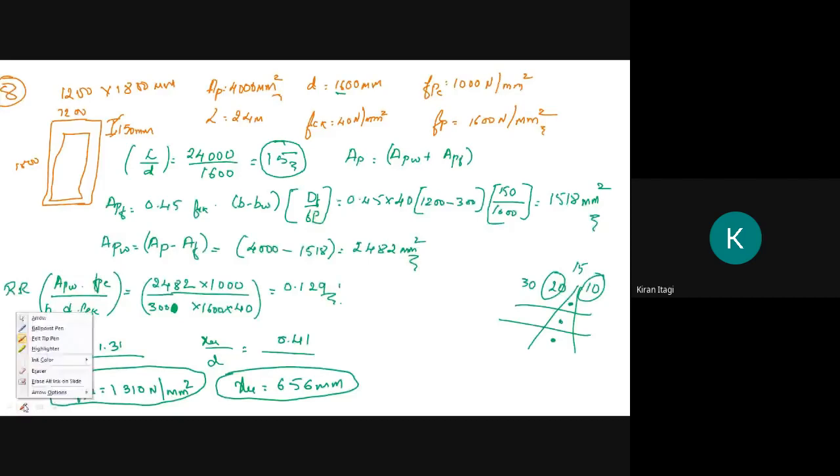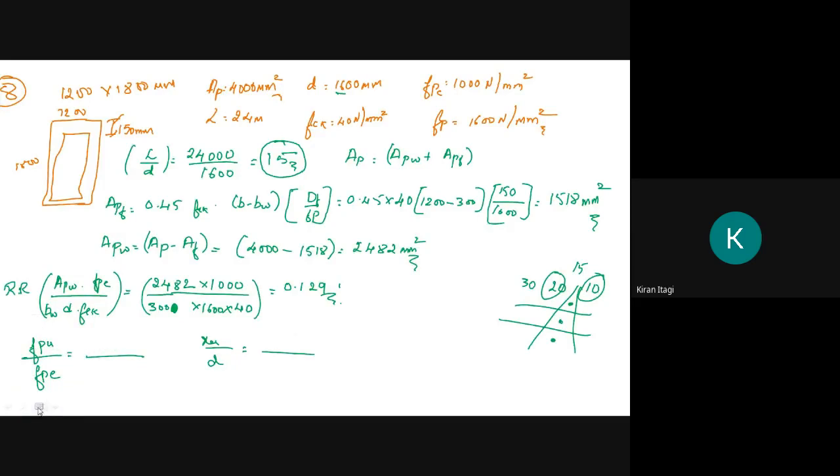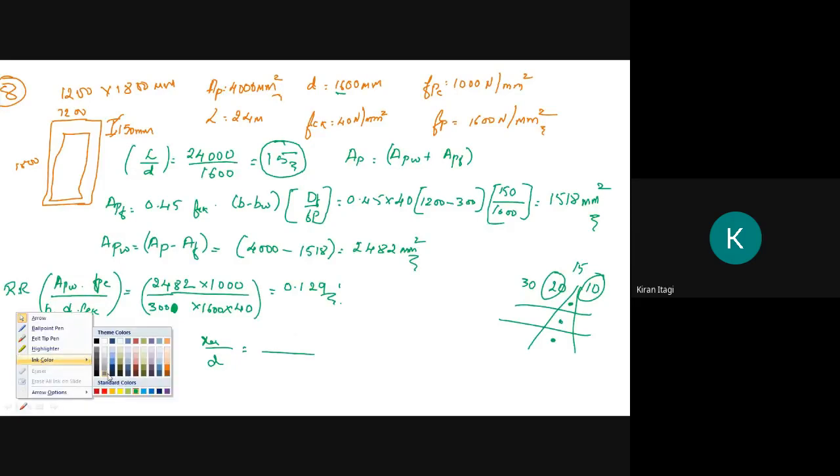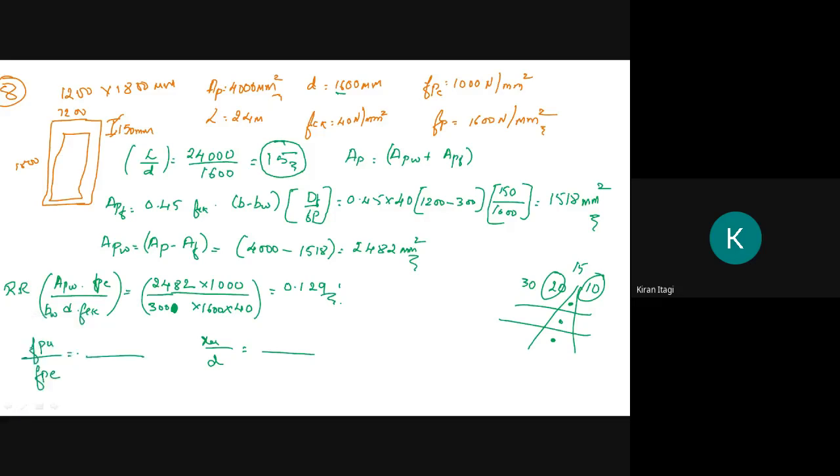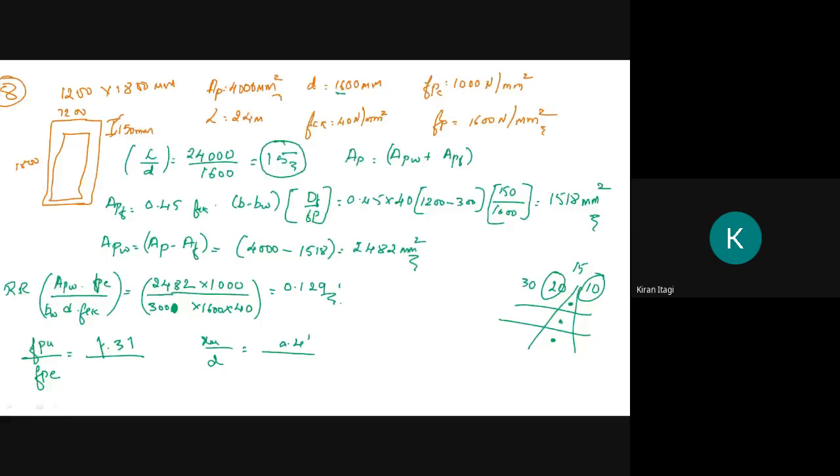It was 1.31. Okay. And here it was 0.41. fpu we have got 1310 Newton per mm square and xu equals 656 mm. Okay. Calculate the value of Mu.